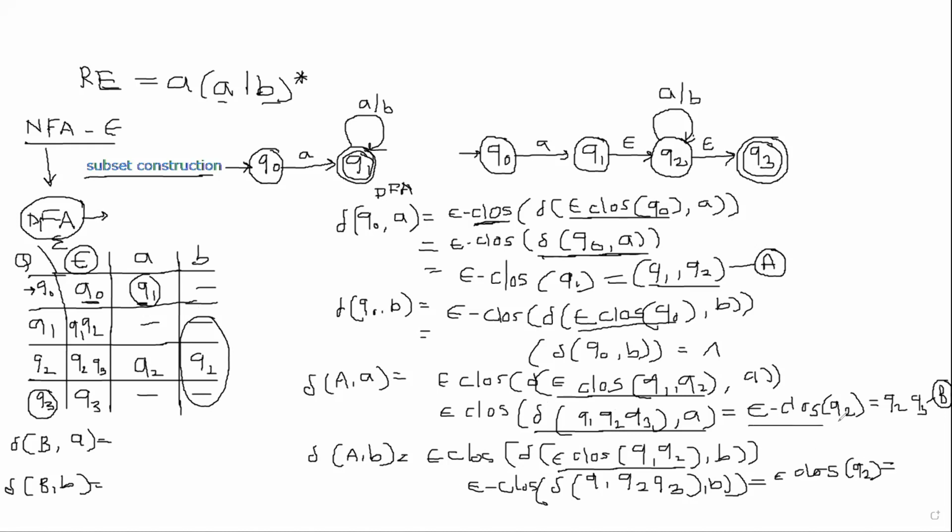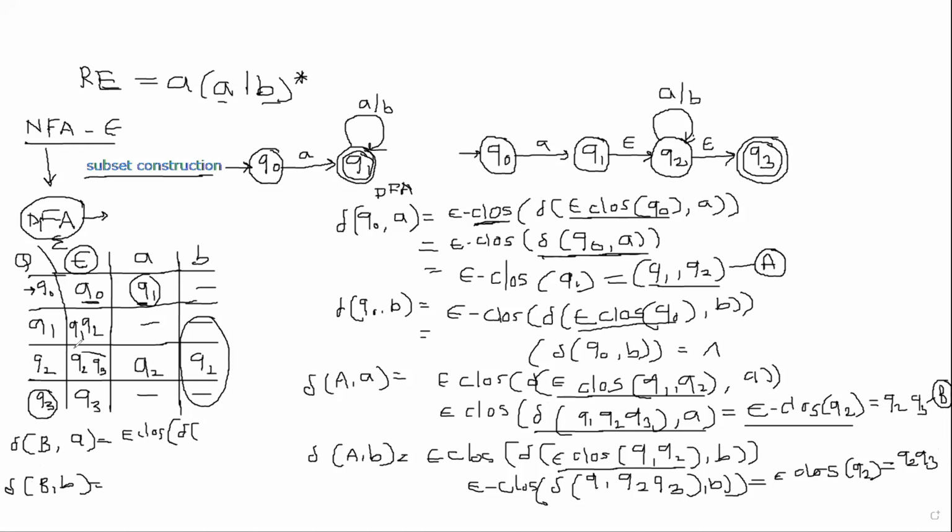So what is epsilon closure of Q2? We have already received that, which is your Q2 Q3. And this state already defined capital B. So now with capital B with small a, capital B with small b, we will check the transitions. So I will directly write down here the epsilon closure of transition of epsilon closure of B with A. So epsilon closure of B म्हणजे Q2 Q3 आहेत.